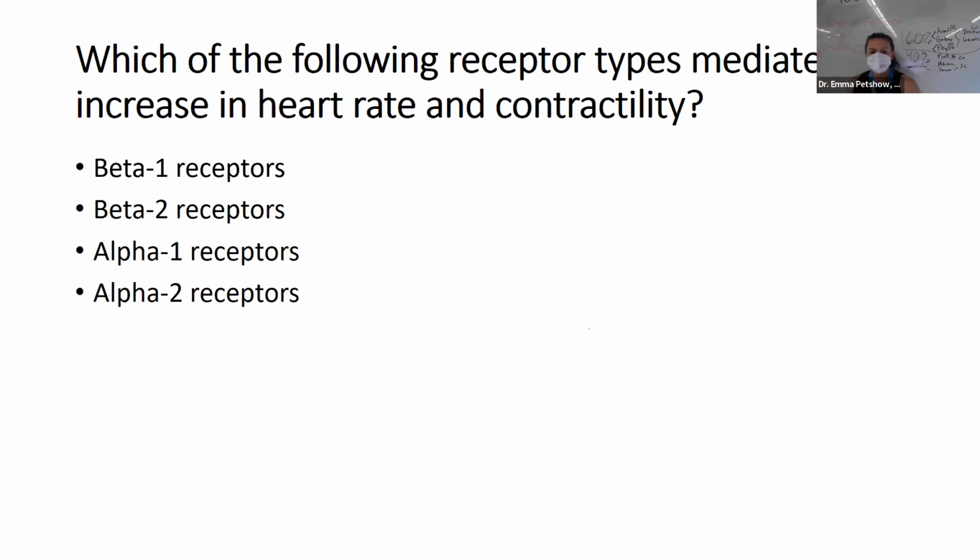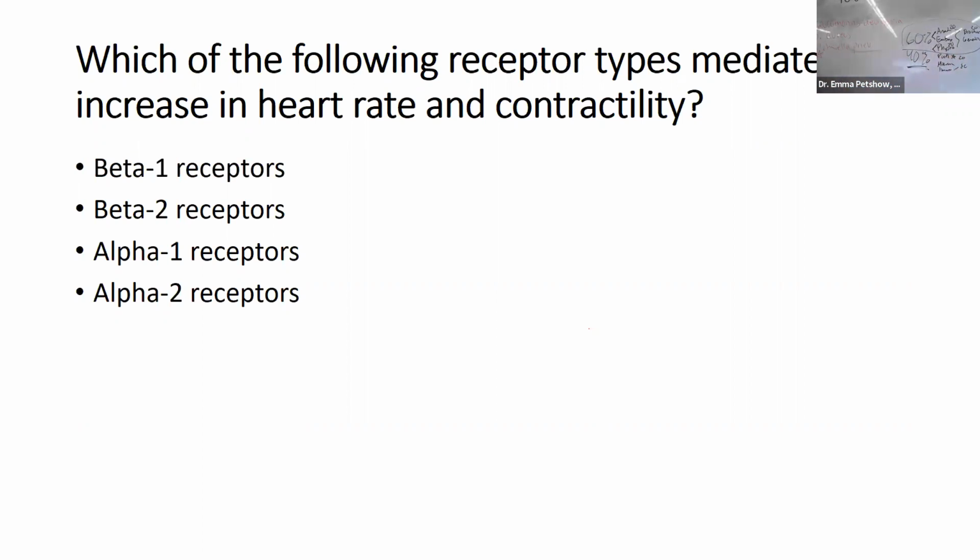Which of the following receptor types mediates an increase in heart rate and contractility? So what receptor type is specifically localized to the heart? Beta 1, beta 2, alpha 1, alpha 2. Oops, sorry, I gave it away. It's beta 1. Yeah, beta 1 receptors, sorry. I thought I was pushing my computer. Beta 1, the heart, beta 2 elsewhere, right?